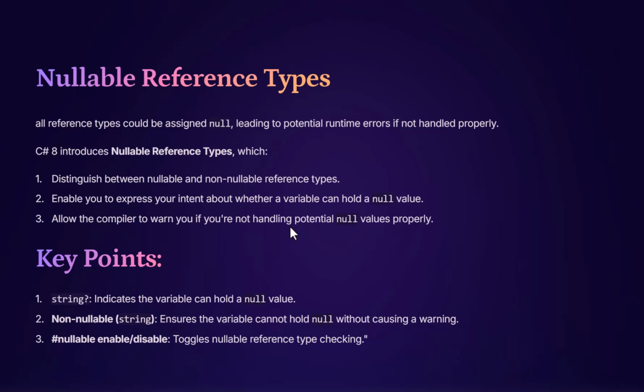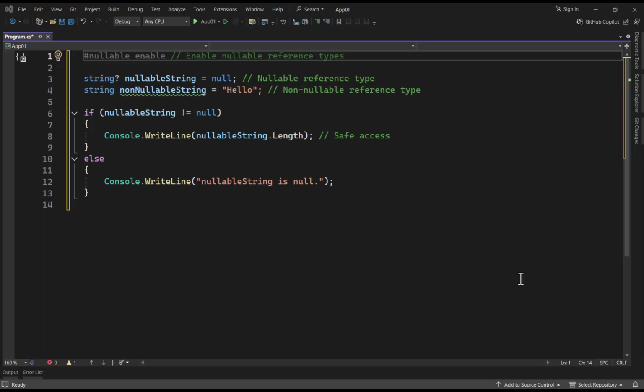So let's first check the syntax of this feature. First of all, by enabling or disabling nullable, you're going to gain more control over nullability inside your code. It's very simple. After the string, you put a question mark. That indicates the variable can hold a null value.